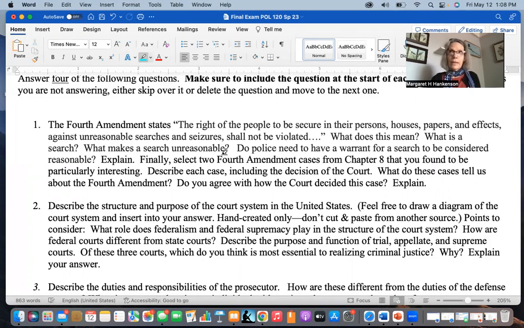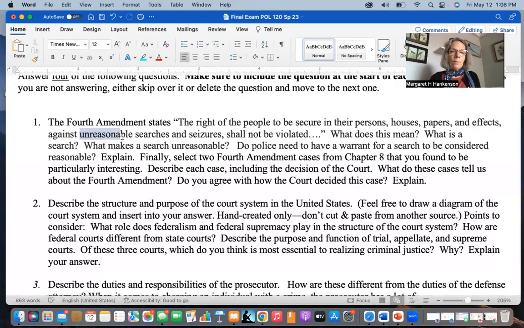In this question, I want you to tell me, what does that mean? What does the Fourth Amendment tell us about searches? What constitutes a search? We covered that in lecture and the textbook as well. Keep in mind that the Fourth Amendment says you're free from unreasonable search. Unreasonable is a really important word.